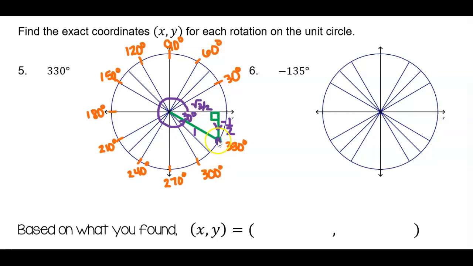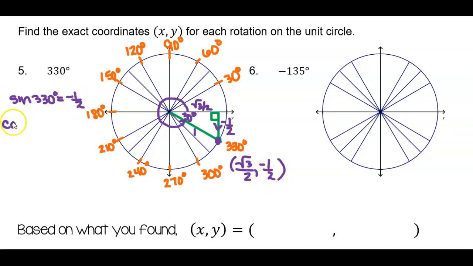If we want to know what this coordinate is right here for a rotation of 330 degrees, the coordinate is going to be (√3/2, -1/2). So that would be your coordinate for this rotation. So if I asked you what the sine of 330 degrees is, hopefully you would tell me that the sine is negative 1/2 since it's the y coordinate of the rotation.